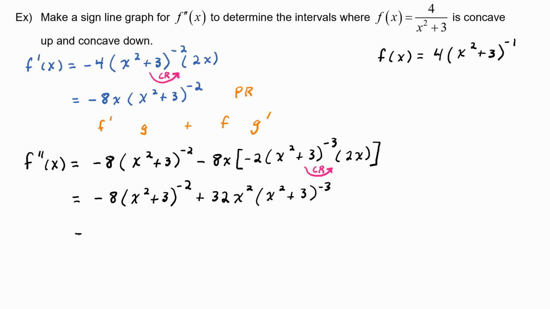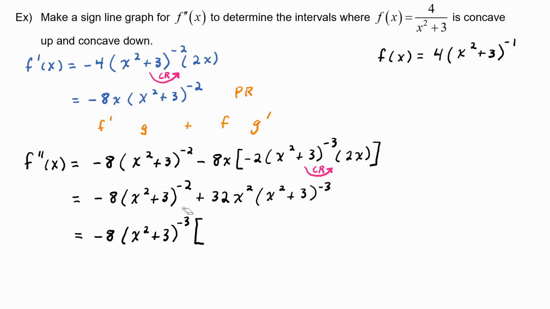Now we need to factor. We can take out a coefficient of negative 8, and we can take out a factor of the quantity x squared plus 3 to the smaller exponent, which is negative 3. So we've got x squared plus 3 to the negative 3 out front.